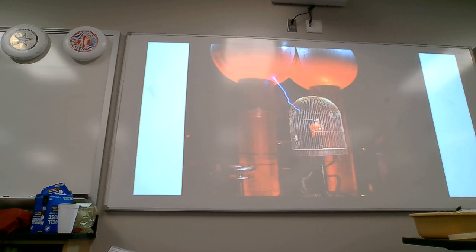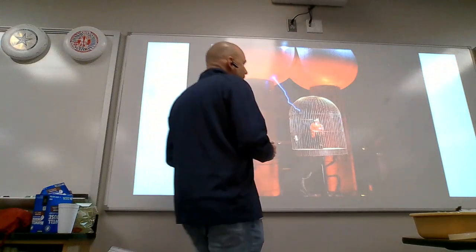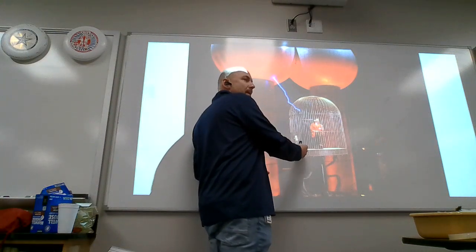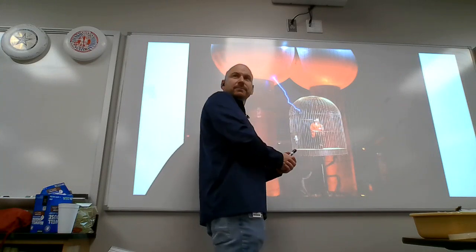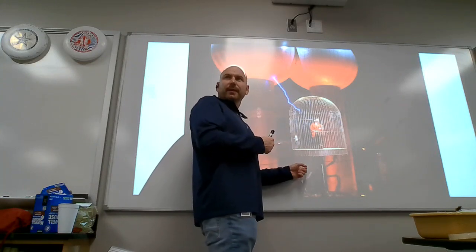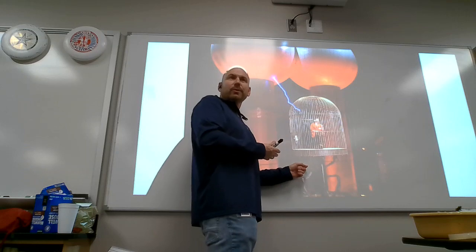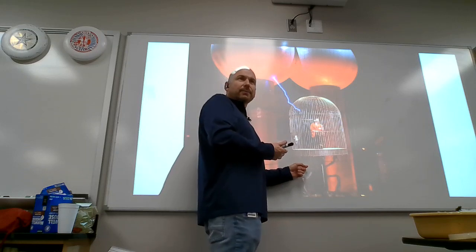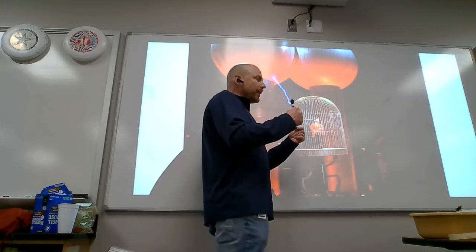The charge is on the outside, but my thought is the electrons would rather go through the metal. It's a better conductor than your skin to get to the ground. That's what they're going for ultimately, to get to the ground. And so when they grabbed it, they're okay.